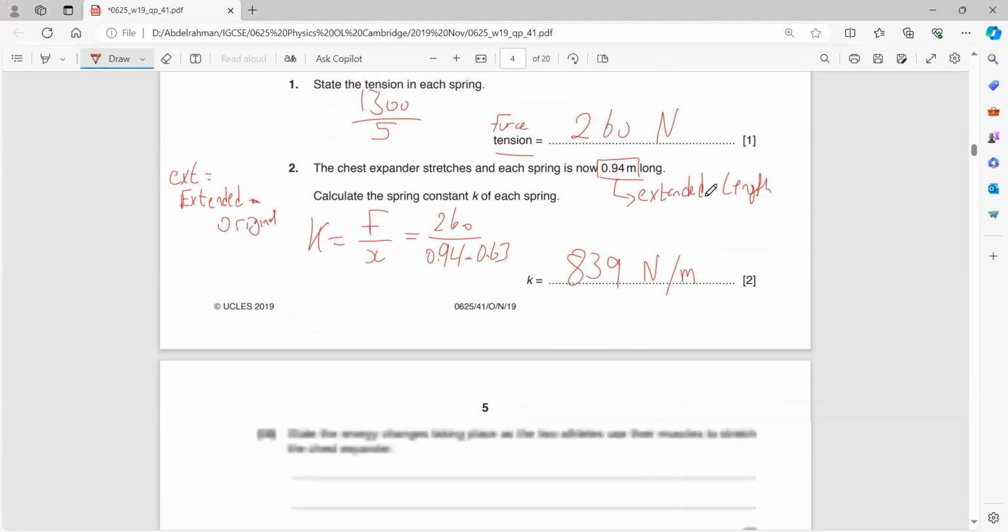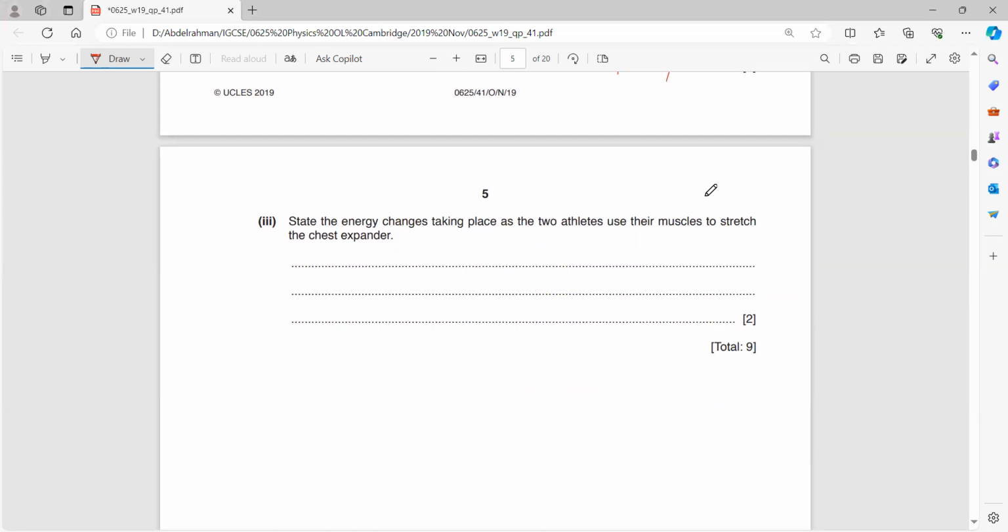State the energy changes taking place as the two athletes use their muscles to stretch the chest expander. What are the energy changes? Someone remember? From chemical to elastic.